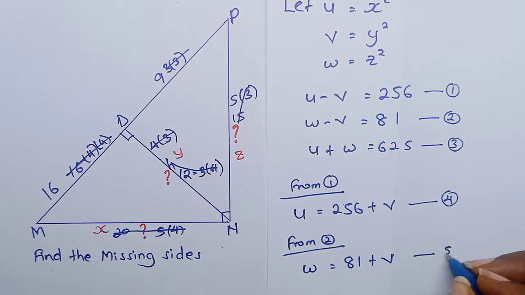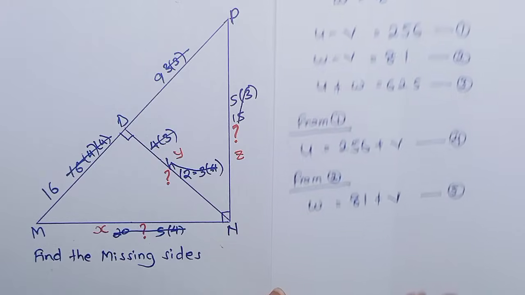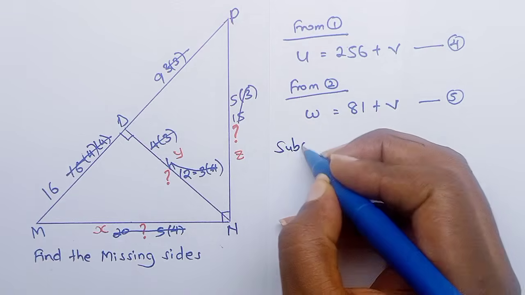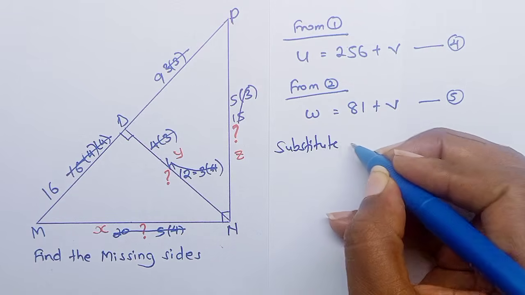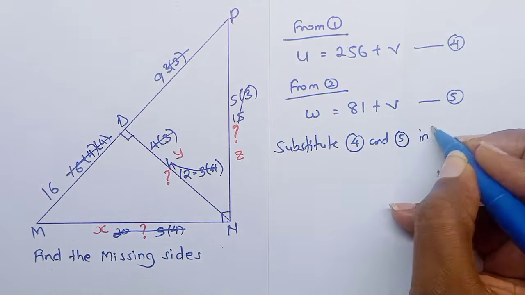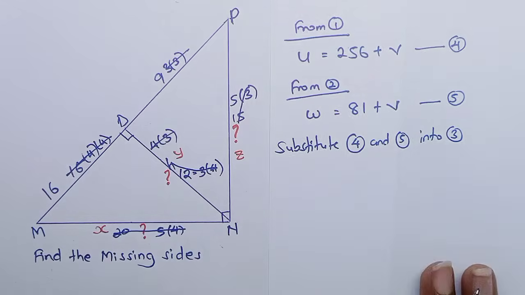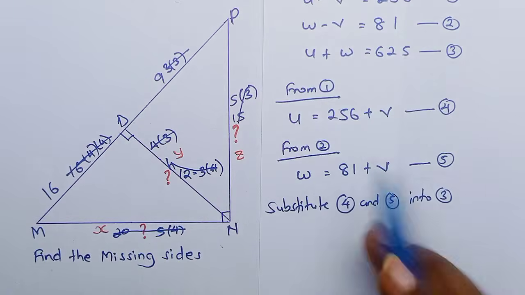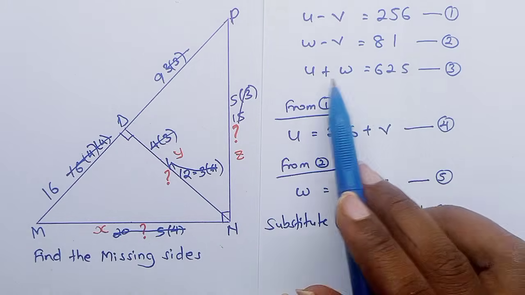Let this be equation 5. Now let's substitute 4 and 5 into 3. Let's substitute for u and w into this equation here.